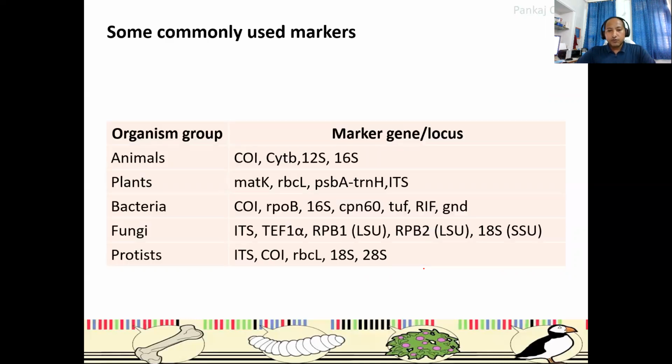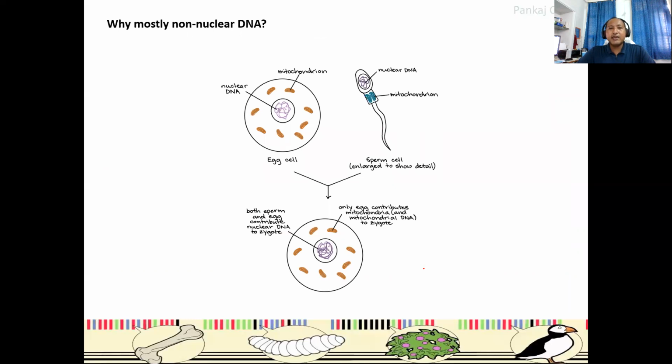Now, from the list of the markers, you will notice that most of the marker genes are non-nuclear DNA. Then you may ask me, why do we generally select non-nuclear DNA as marker DNA?